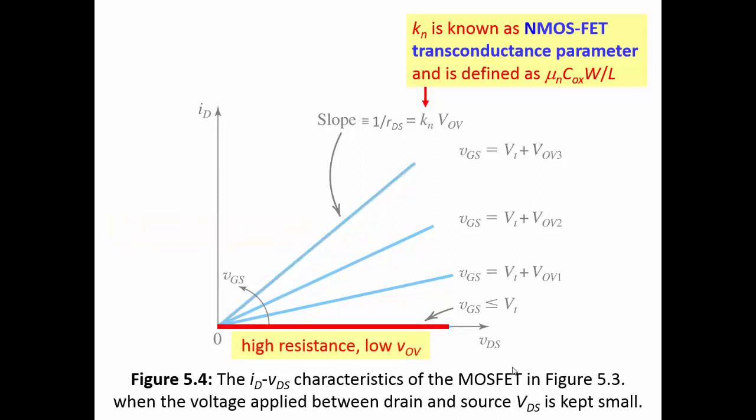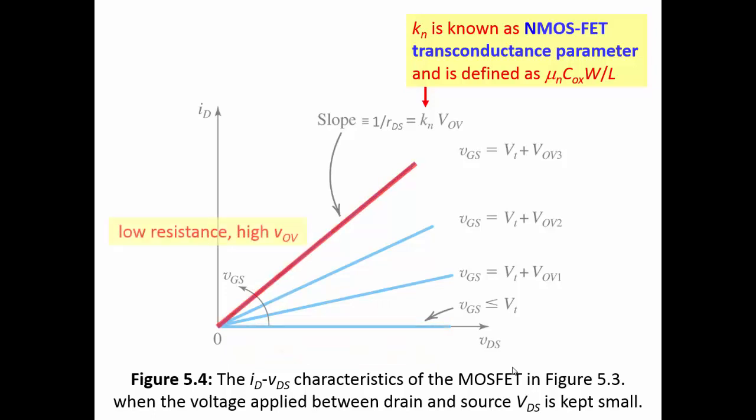Small VDS, and the slope increases for increasing overdrive voltages. The slope is 1 over RDS, so this increasing slope is indicating higher conductivity through the channel. So for small VDS, again, we can treat the MOSFET as a linearly programmable resistor, which does have some applications.